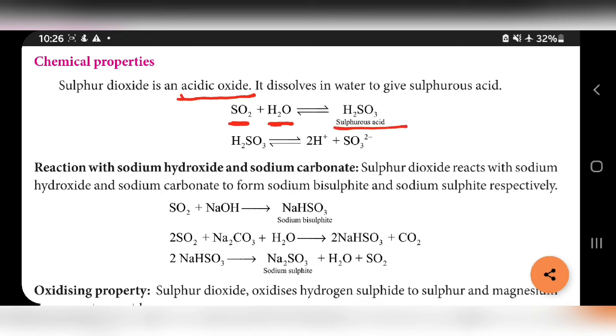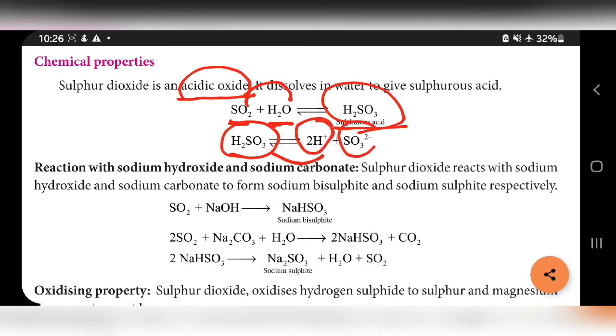Sulfur dioxide reacts with water and sulfurous acid, H2SO3, is formed. This H2SO3 is an acid because when it dissociates, it produces H plus and SO3 2-. So it produces H plus, so it becomes an acid, and that is why it is an acidic oxide.